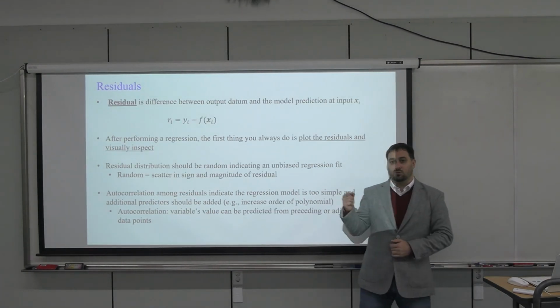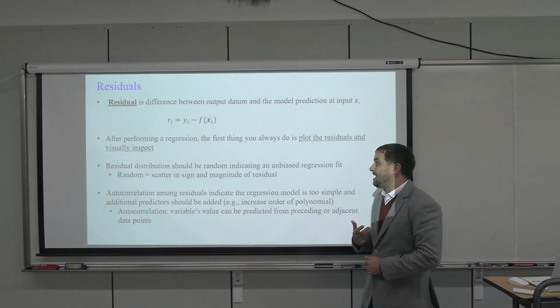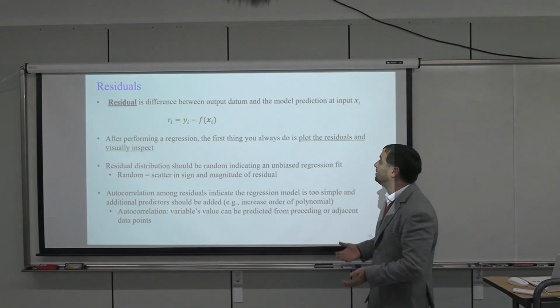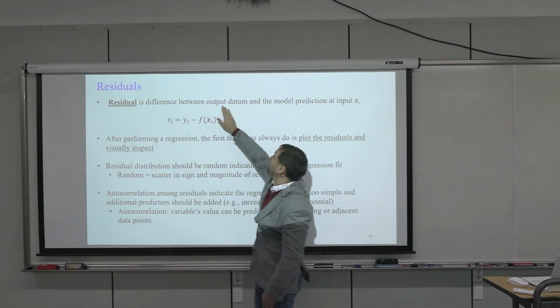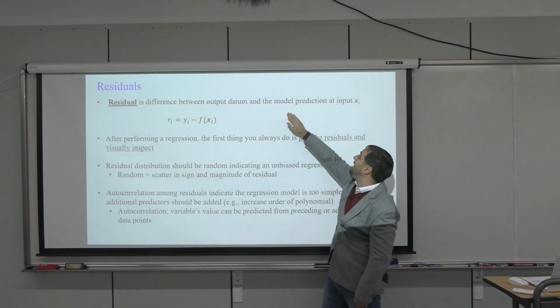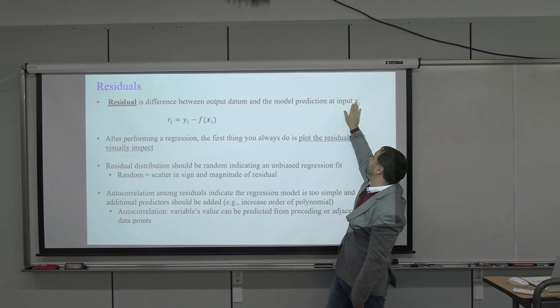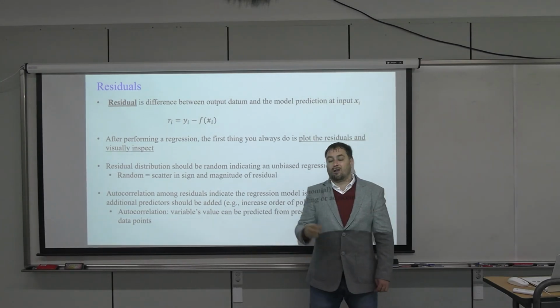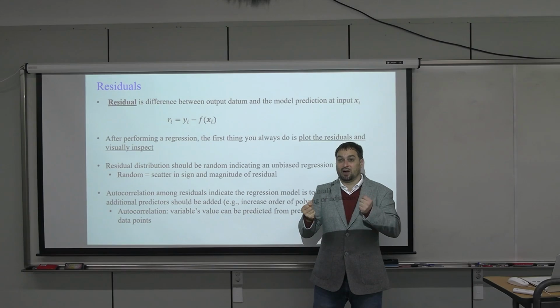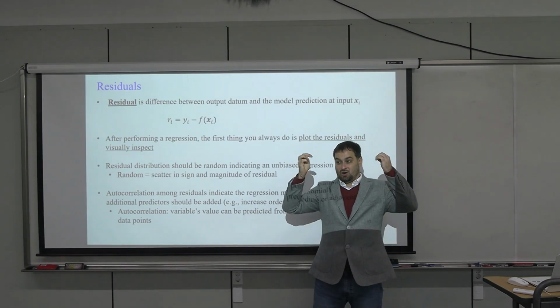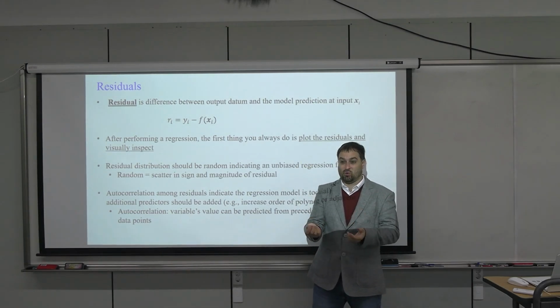Okay, so this goodness of fit test is residual analysis. So what is a residual? The residual is the difference between the output datum and the model prediction at the input xi. In fact, we already defined residual when we did the least squares regression derivation, because it's the residual sum of squares.